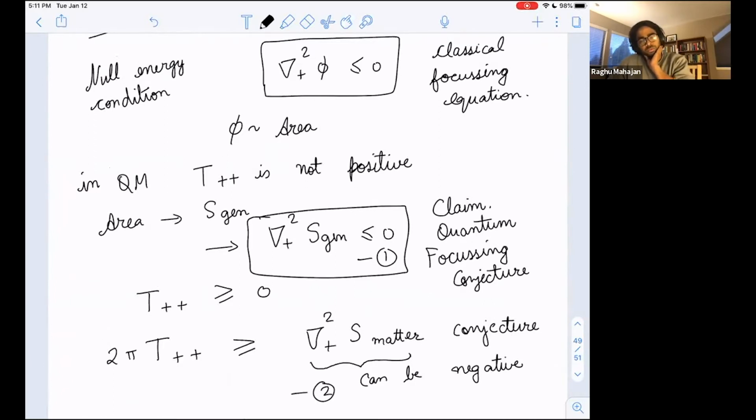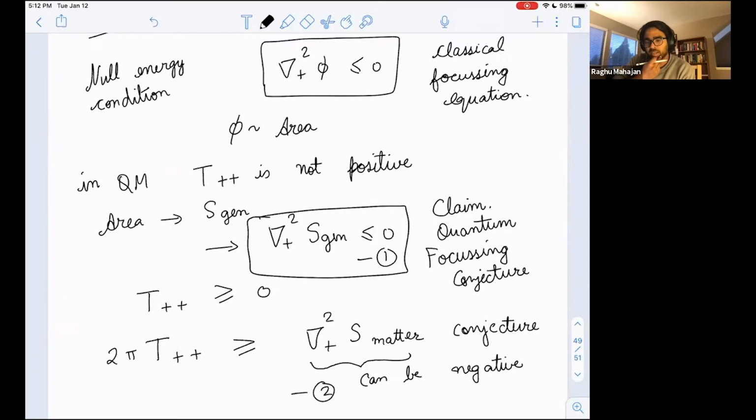This is a fruitful research idea where the group at Berkeley, especially Bousso and Aaron Wall, took a bunch of classical statements in GR which involve the area, and replaced them with the generalized entropy, and you get some true results. This is maybe the most sophisticated of those results, replacing areas by generalized entropies.